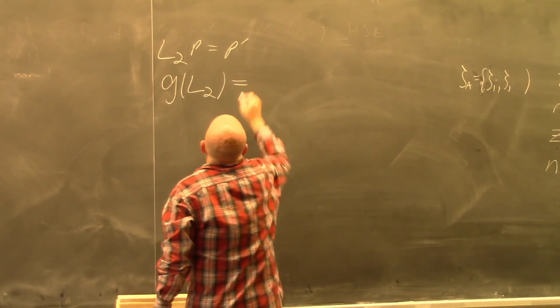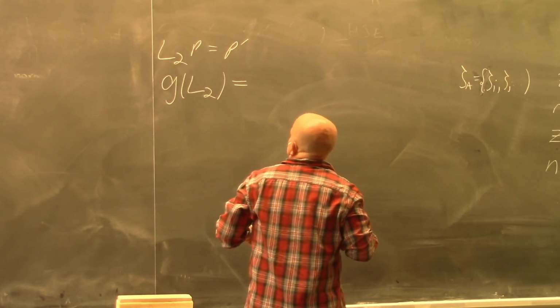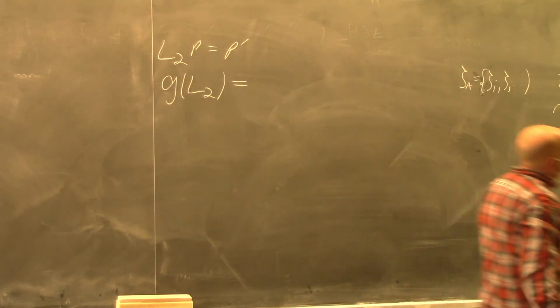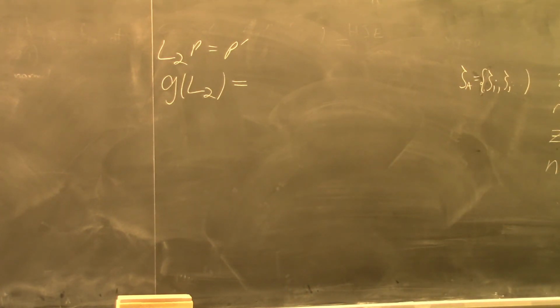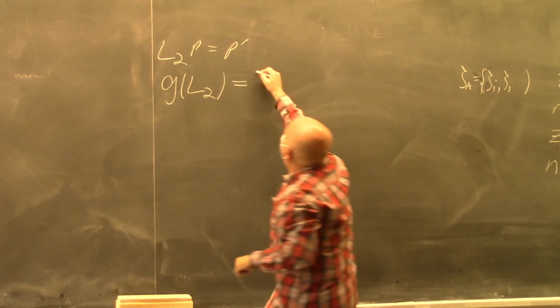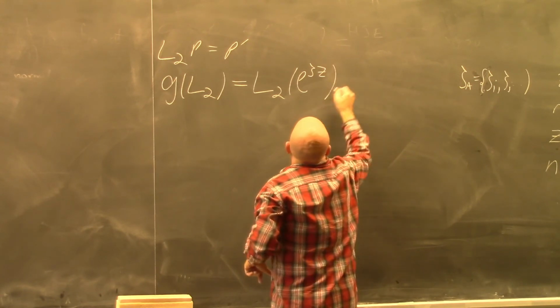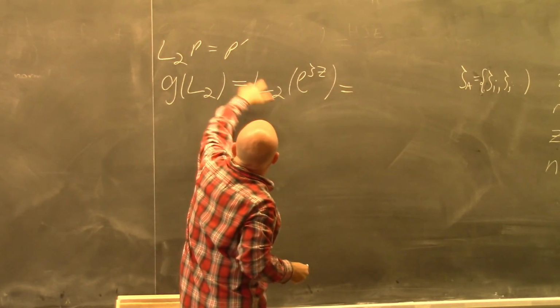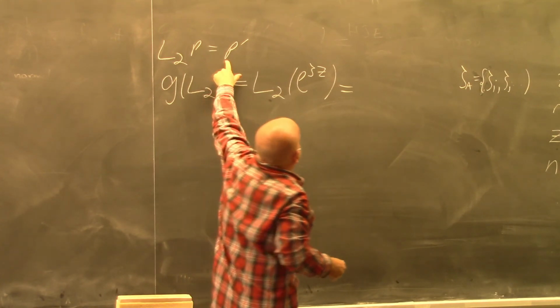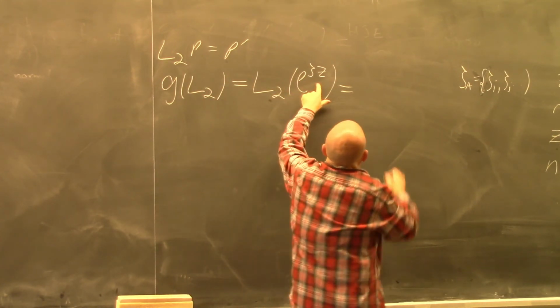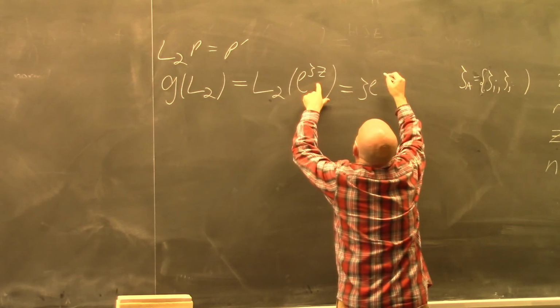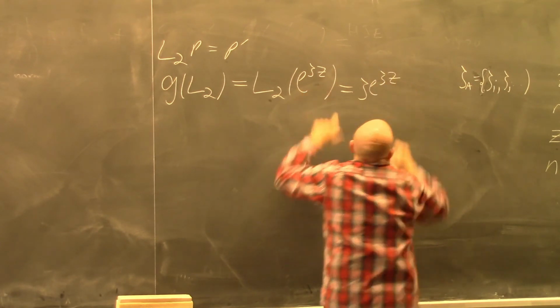Let's compute it in two ways. By the formula written here, it's L2 of e to the zeta z. L2 is just differentiation. So I differentiate e to the zeta z, and I get zeta e to the zeta z.